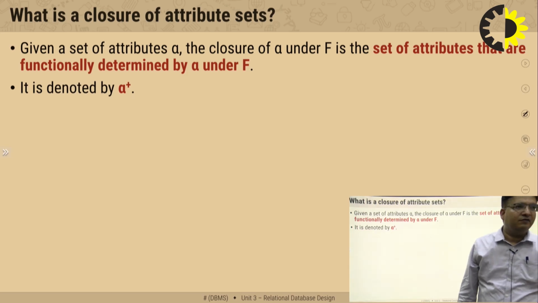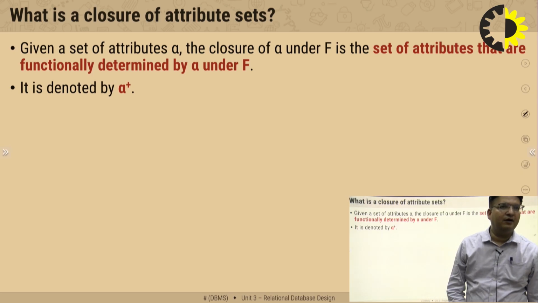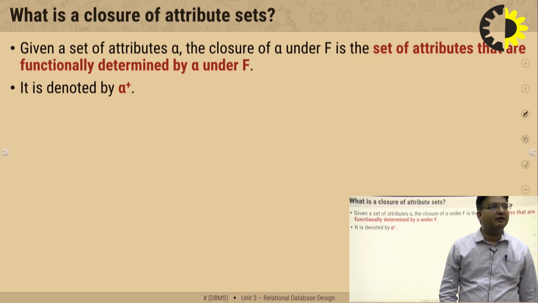So why are we computing the closure of an attribute? We compute it to determine how many attributes that attribute determines. If it determines all the attributes, then we can say that it is the candidate key. So in order to determine the candidate key for a relation, we have to compute the closure of attributes. From that we can compute the candidate keys.